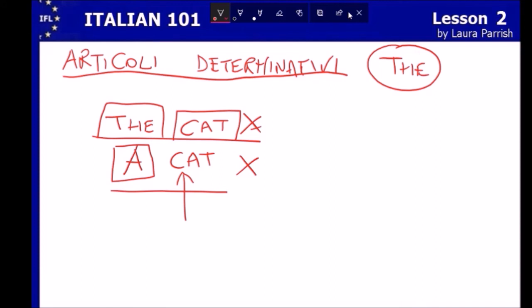Another cat is okay. So this is called indeterminative article because you want one object, but it's not important which one. Every cat in the world that you give me will be alright. Instead, with the determinative articles, the object is determinate. I want only that cat. There is only one in the world. This is the difference, and let's begin.